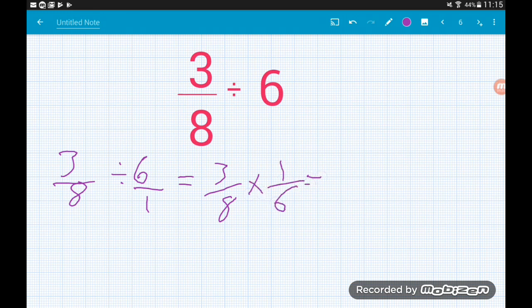So we're going to get 3 on top, 8 times 6 on the bottom, which is 48. So our answer there is 3/48. Although that can be simplified, we have got a common factor of 3, so that can actually go down to 1/16. Okay guys, that's how we divide fractions by whole numbers. Hope it's helped.